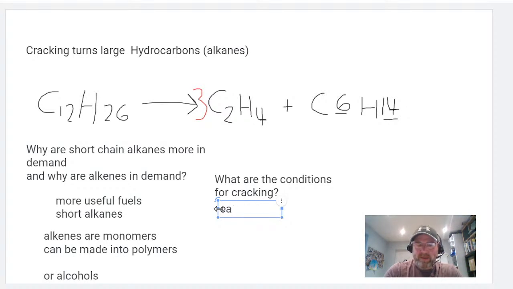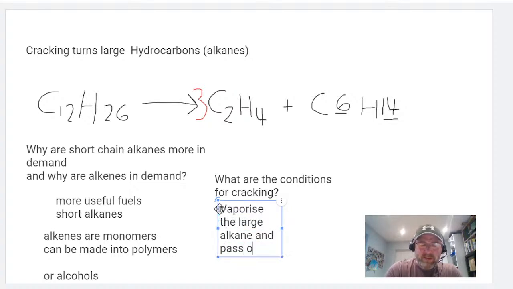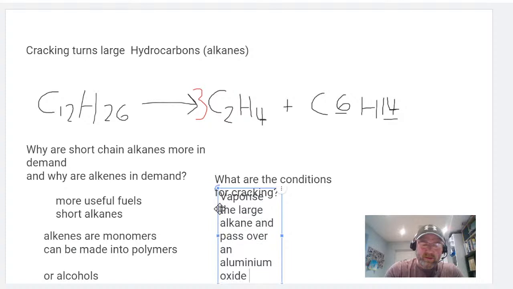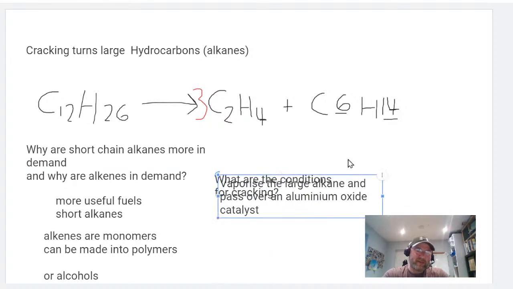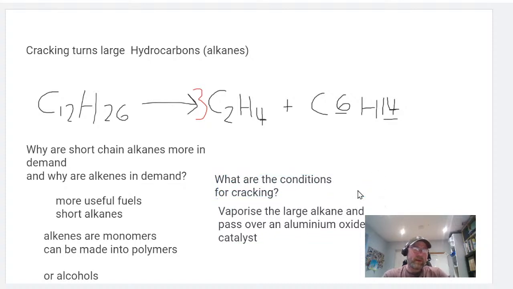So what we do is vaporize the large alkane and pass it over an aluminium oxide catalyst. Now, there's about 4 names for this catalyst, okay? So you can just say aluminium oxide. Some people call it alumina, A-L-U-M-I-N-A.